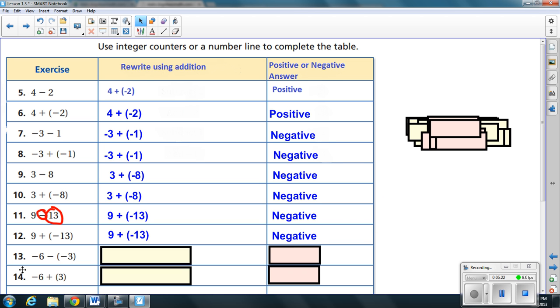Number 13, negative 6 minus negative 3. So it becomes negative 6 plus 3. Remember, we're adding. Take the opposite. Notice I never said plus negative, because in this situation, the 3 doesn't become negative, it becomes positive.